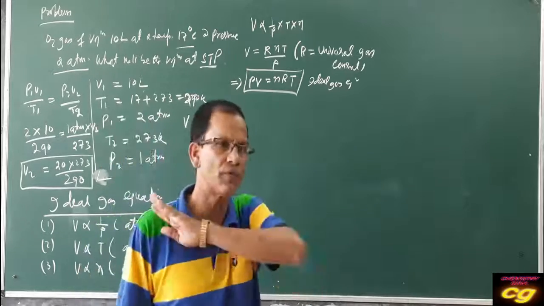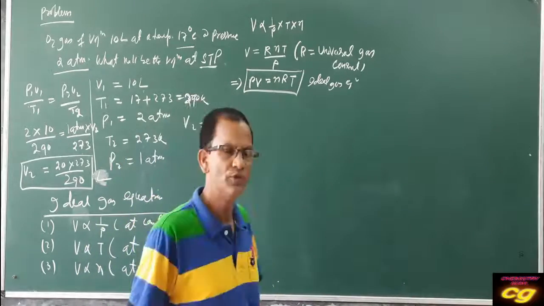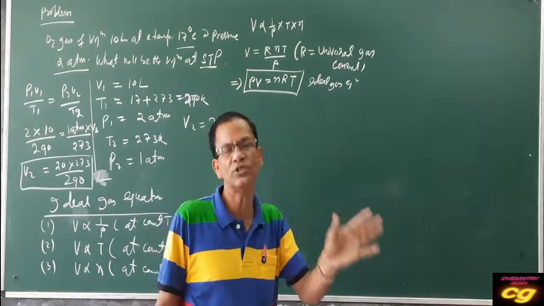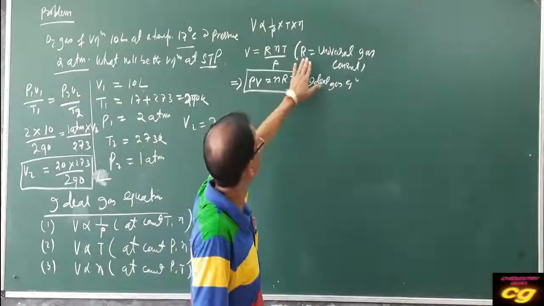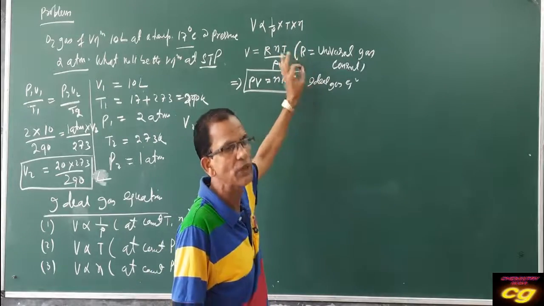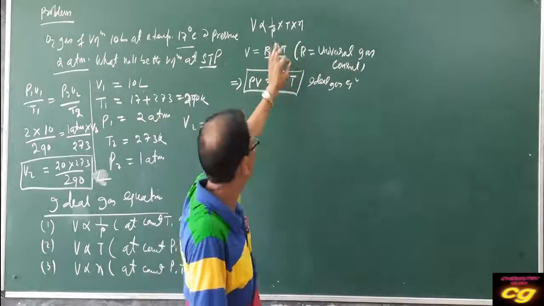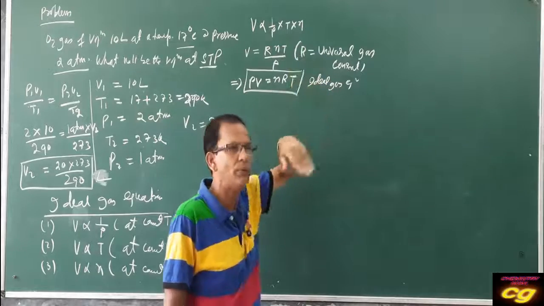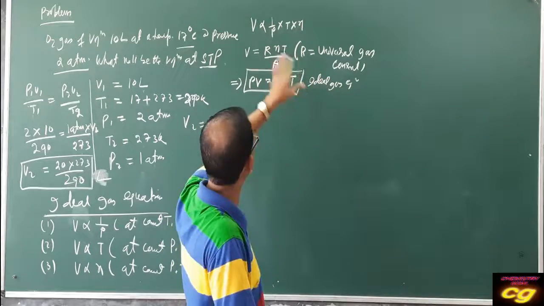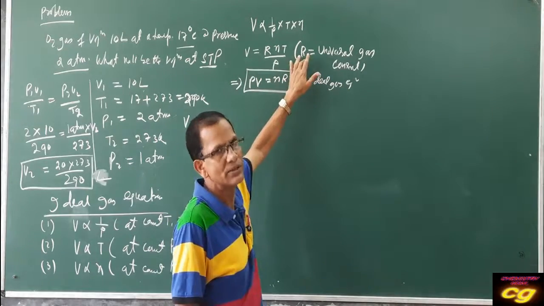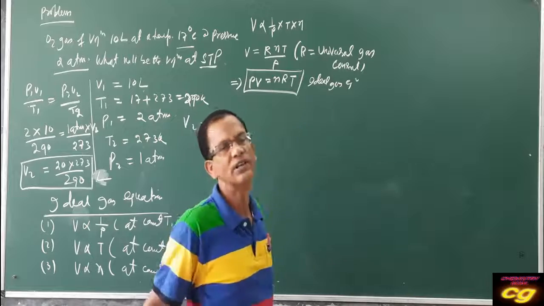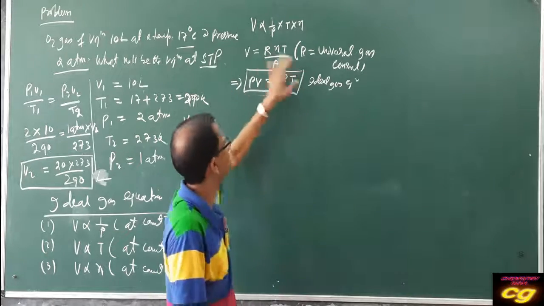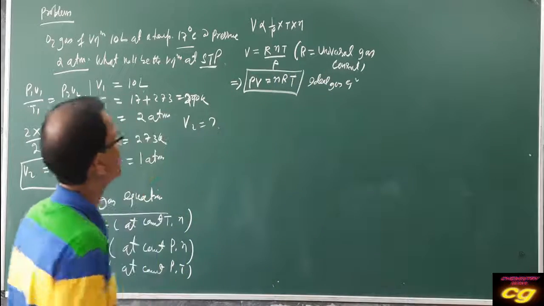Because it is constant for all gases. If you change the nature of the gas, there will be no change in R. R is constant and depends upon the units of measurement. What type of units you are using, that is what R depends on. But R does not depend upon the nature of the gas. It is always constant. That's why it is called the universal gas constant.